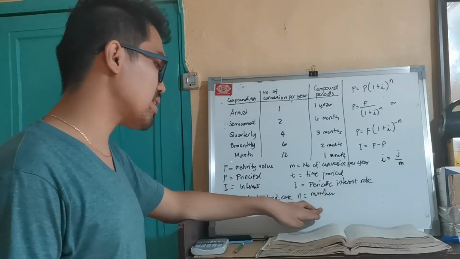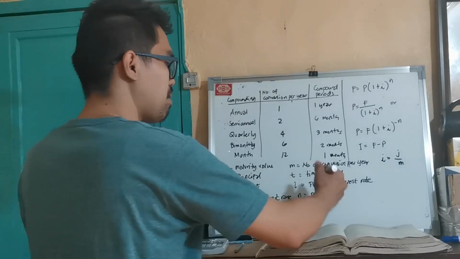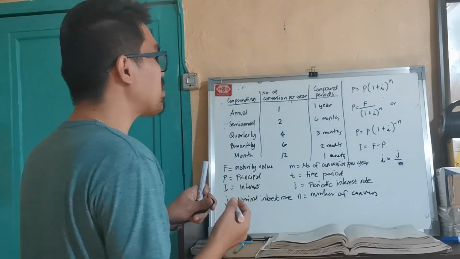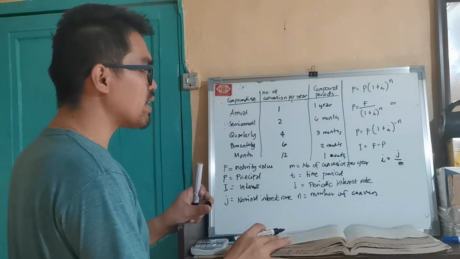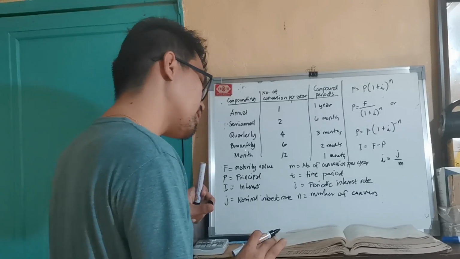And then N here is, wait, I forgot to write what N is. N is the number of conversions. So wait, what's the difference between M and N?